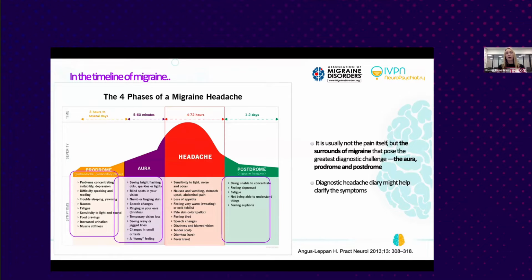But it's not the place where you will confuse migraine with some other headaches. Most often, you will confuse it when you look at the symptoms arising during the prodrome period that can happen 3 hours to several days prior to the migraine headache, the aura period, which lasts for 5 to 60 minutes before the headache, or the postdrome period that actually spans 1 to 2 days after the headache itself.